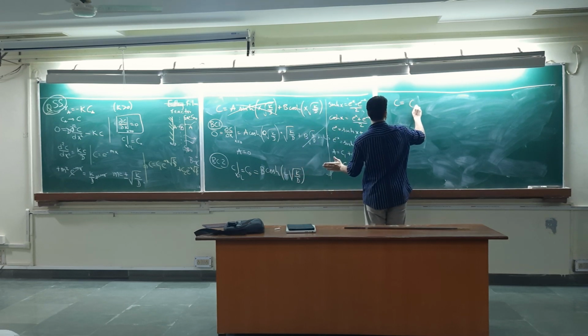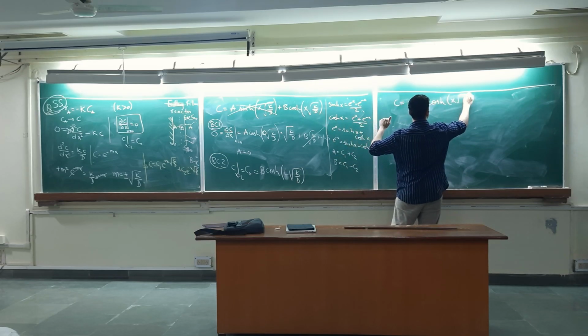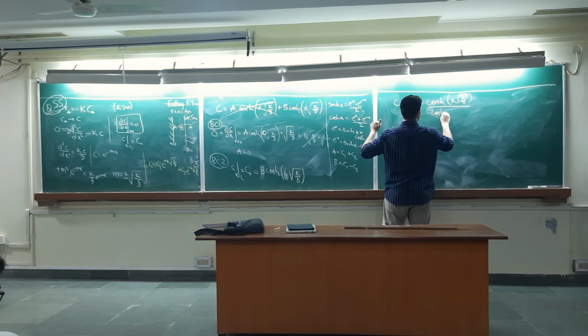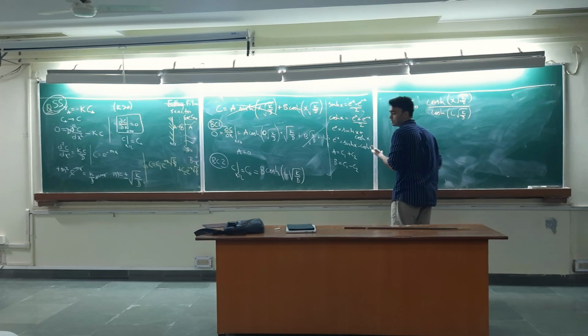So you get C equals C naught cosh(x√(k/D)) divided by cosh(L√(k/D)). This is your solution.